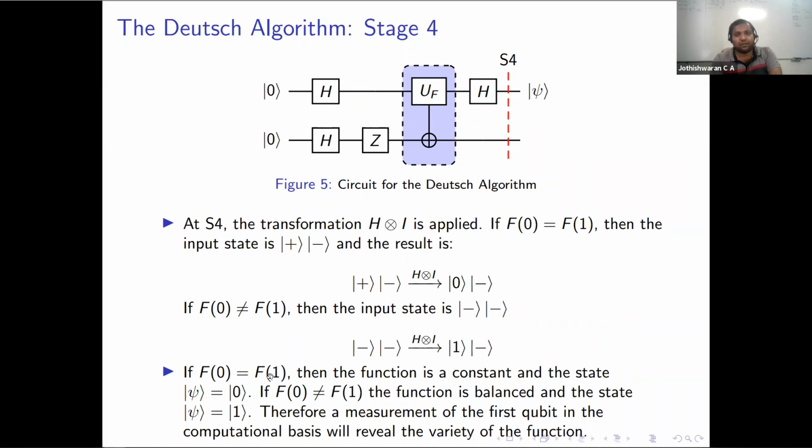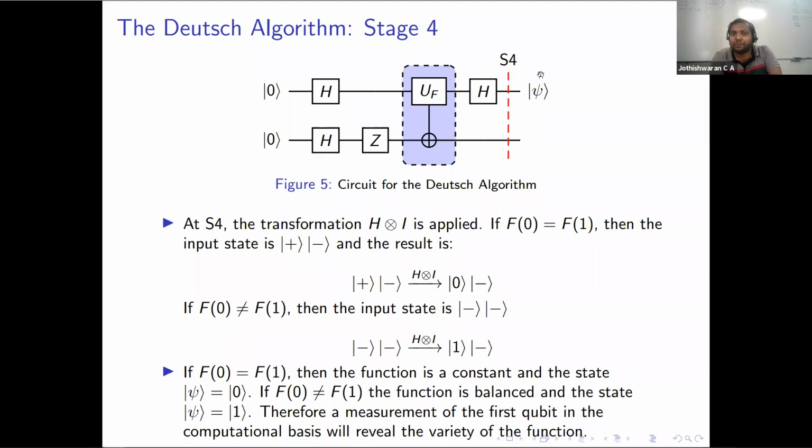If f0 is equal to f1, then the function obviously is a constant because these are the only two possible inputs for a single qubit state. And the state psi will be ket0. However, if f0 is not equal to f1, then the state psi will be in ket1.